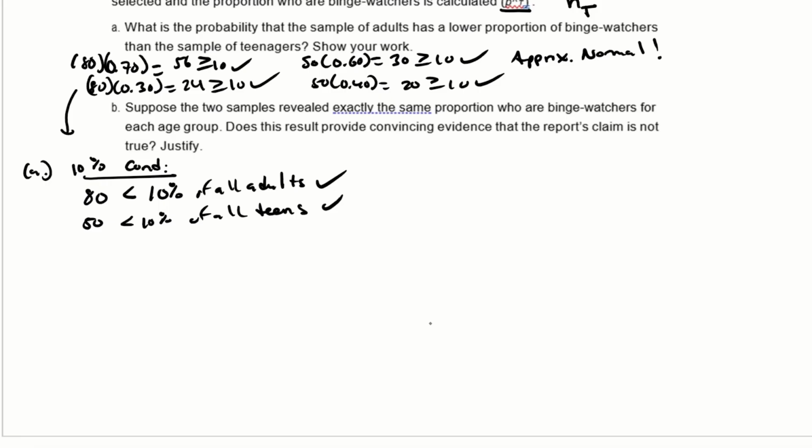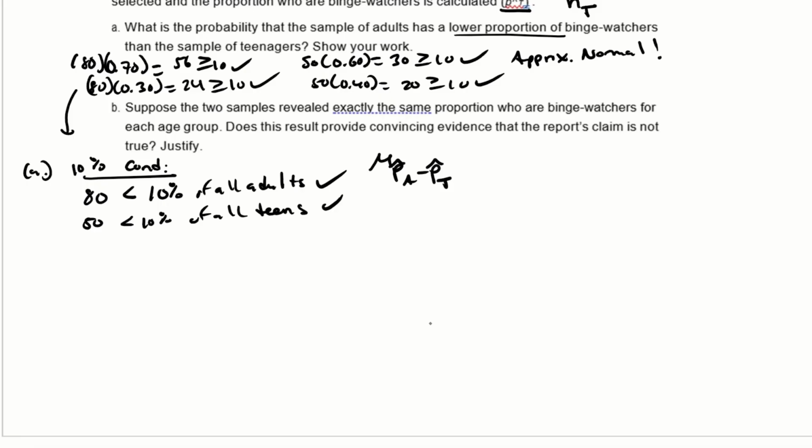Okay, so mu p hat A minus p hat T, that's what we're trying to do. It says the sample of adults has a lower proportion than the sample of teens. Okay, so we want the probability that it's less than.